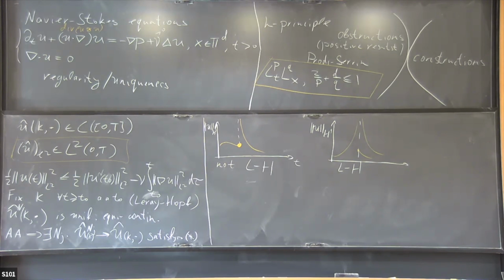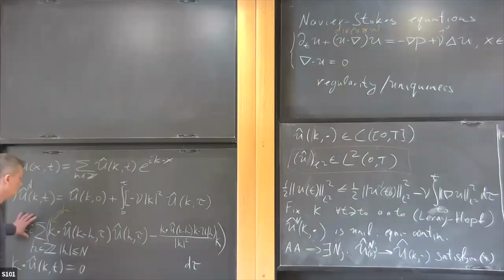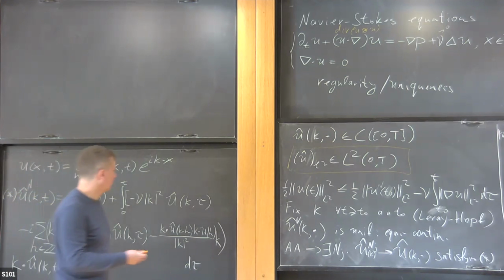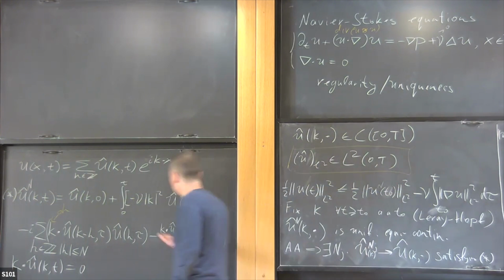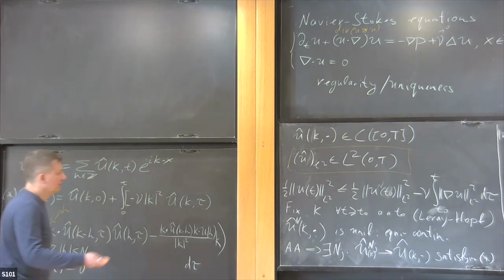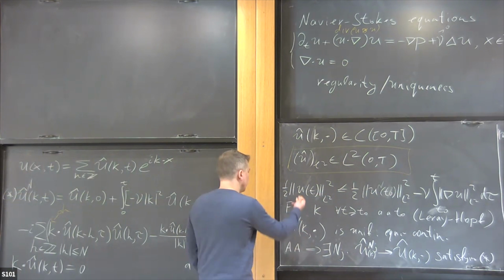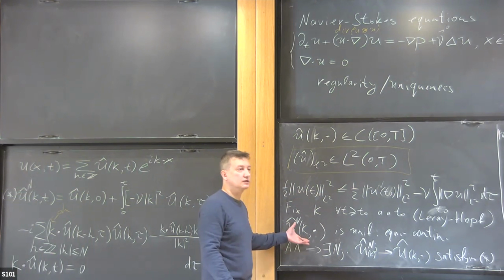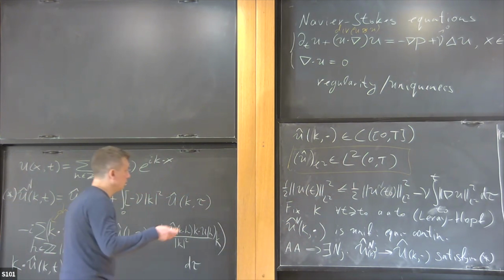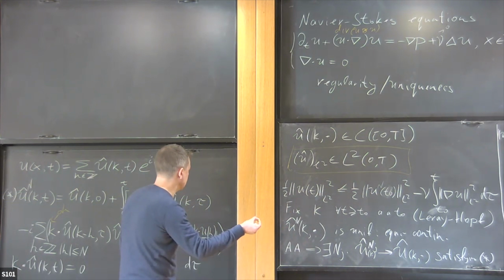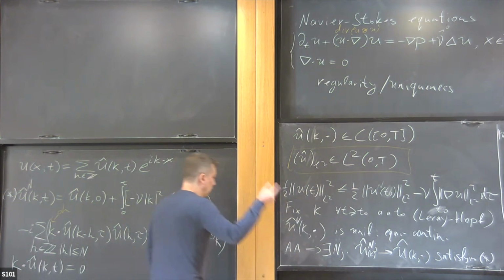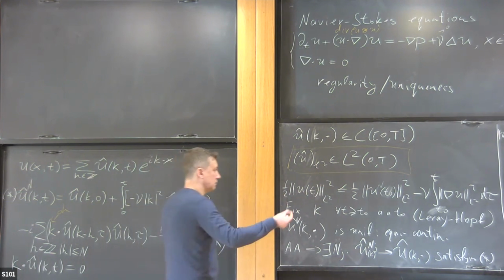So why did I start with a weak formulation in Fourier space? One of the reasons was to show you that if a blow-up occurs, each Fourier coefficient is a nice function. It's actually a Lipschitz function. So if blow-up occurs, each Fourier coefficient has no idea whether blow-up already happened or is about to happen.